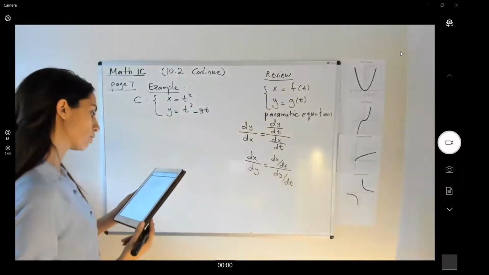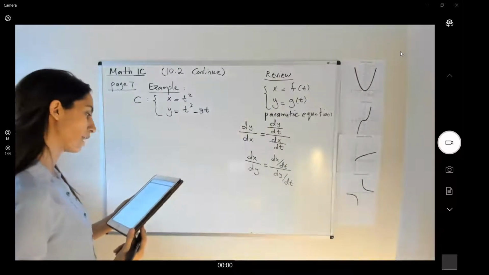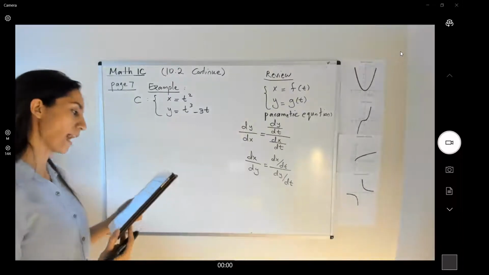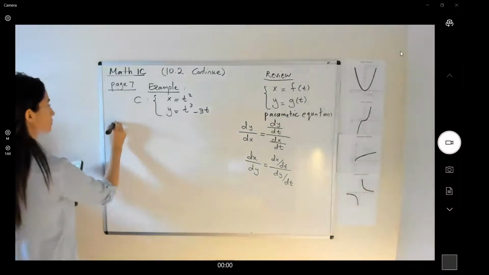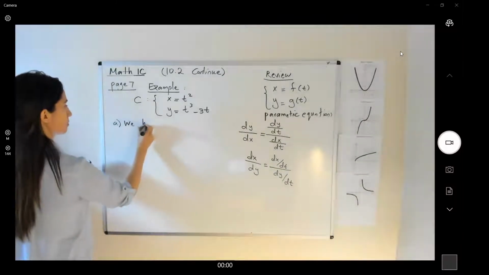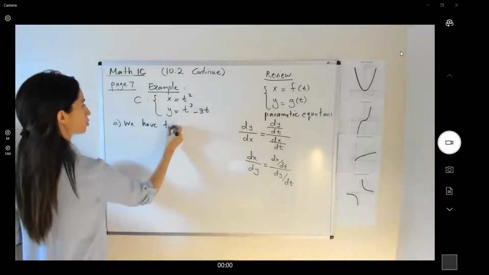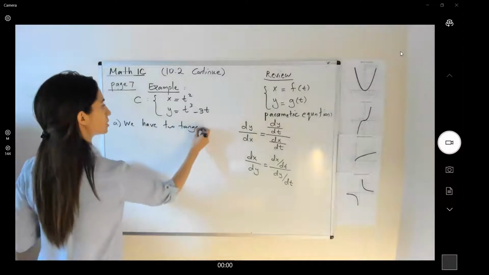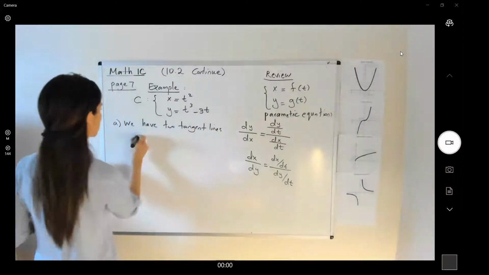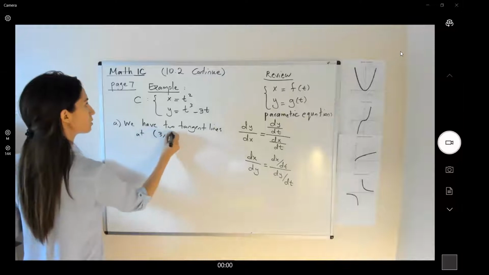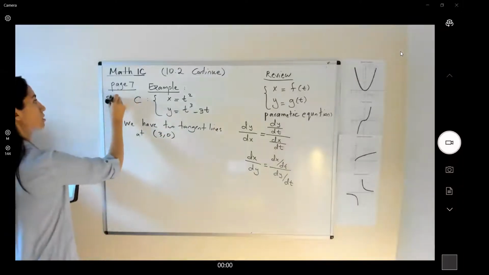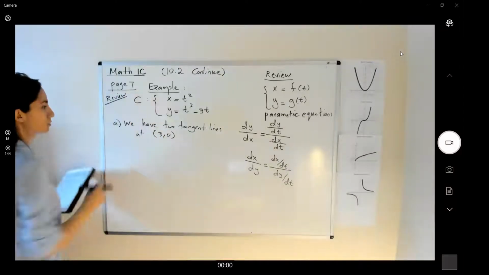Our goal was to show that we have two tangent lines at the point (3, 0). So this is just a review.